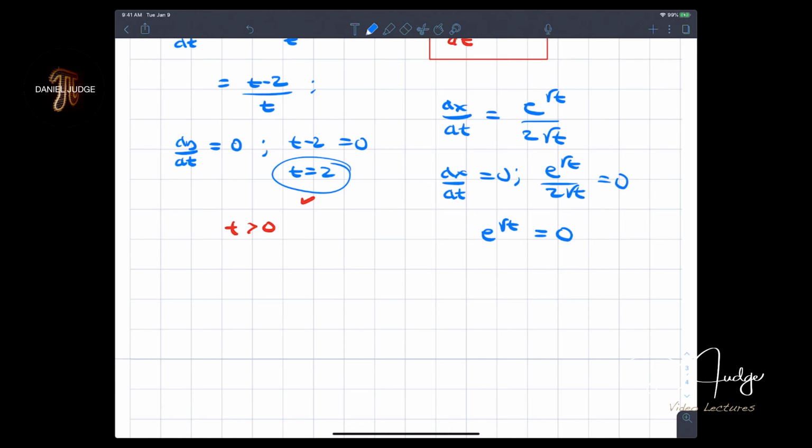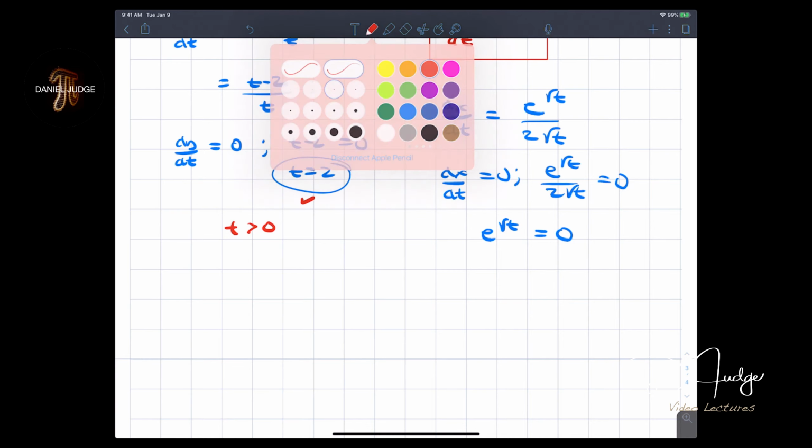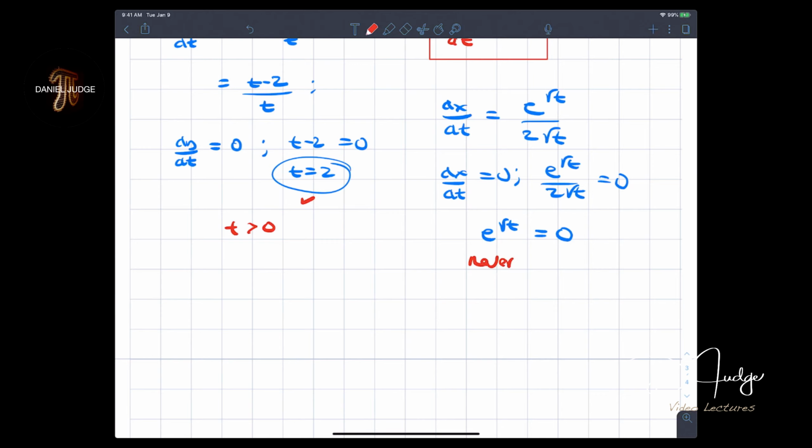Now, you guys know this never happens. And you say, why does this never happen? Well, it never happens because this function never crosses the x-axis. So there is no t. You can't come up with a t value that you plug in here that makes this equal to 0.